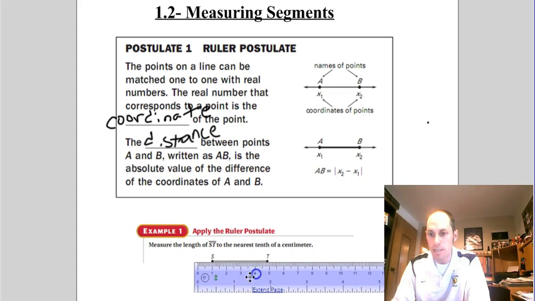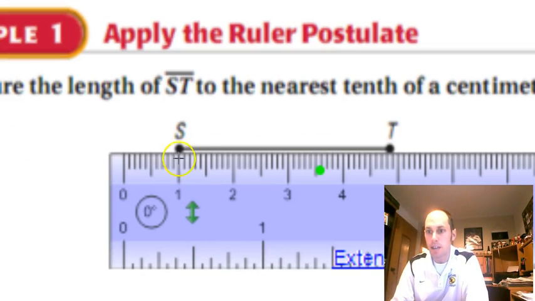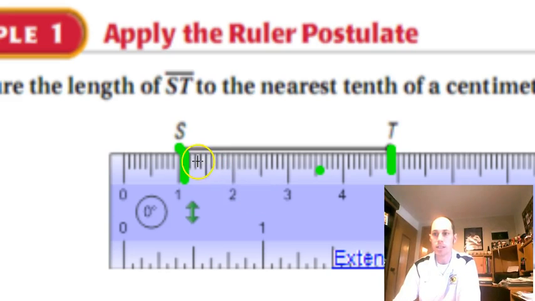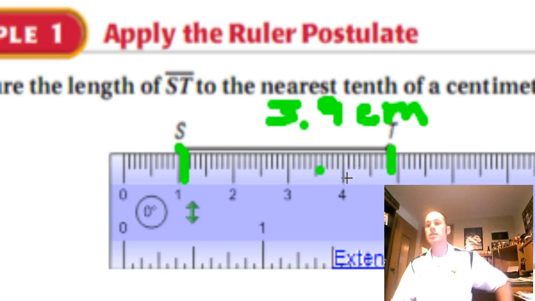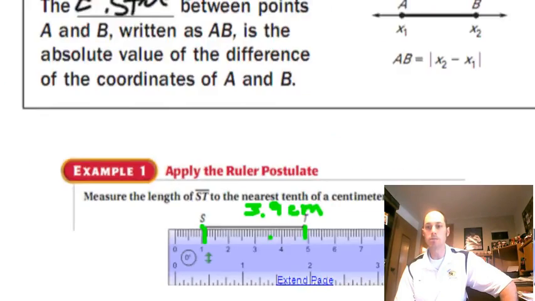If I set it here, I can measure that. Here I'm starting at S, which is at 1, going to T, which is at about 4.9. So the distance from 1 to 4.9 is 3.9 centimeters. We follow that same principle: just find the start point, the end point, and figure out how far apart those are.